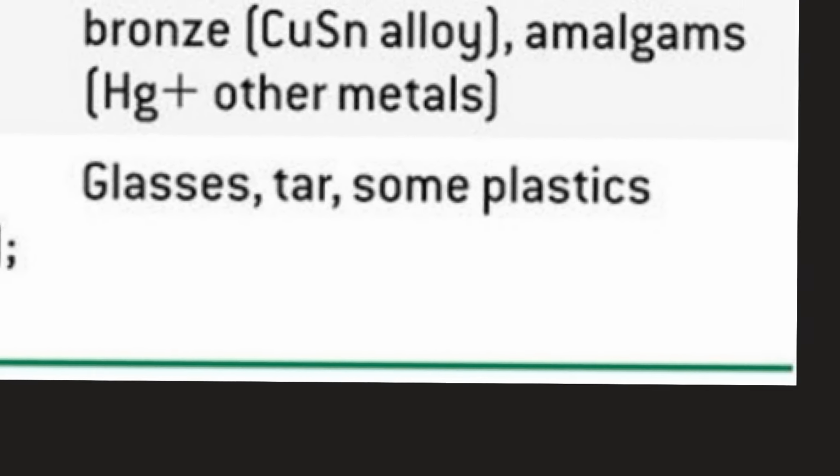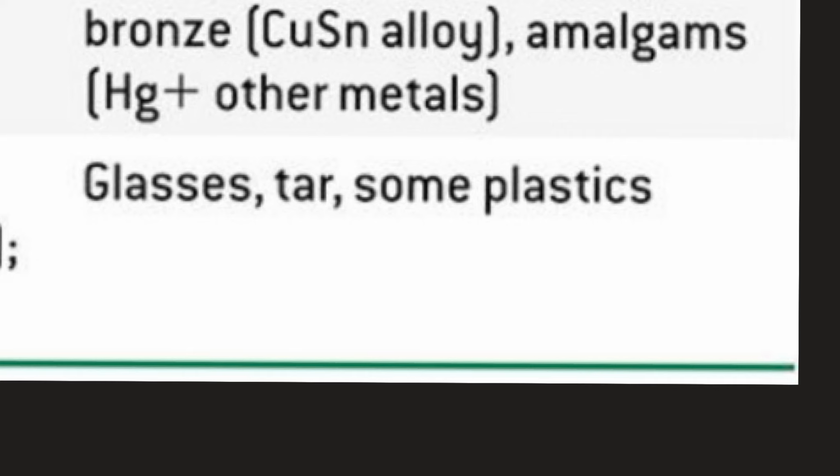There's no sharp melting point. That means it fluctuates and depends on the substance itself. It has the ability to flow, so it's very, very viscous, all right? And it can also be carved, and it has edges when it shatters. Here are some examples: some plastics, tar, and glasses.